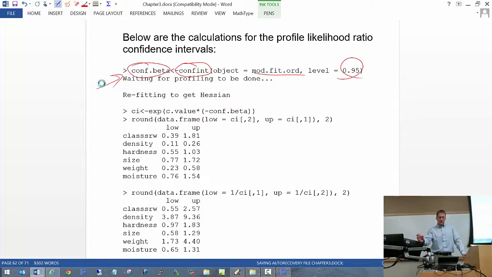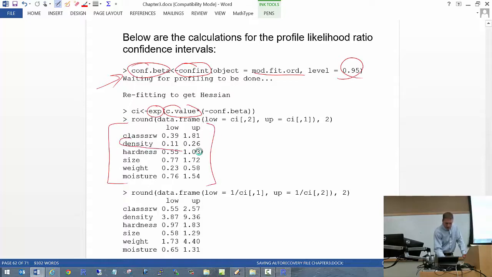So be careful. How do you get the confidence intervals for the betas? Just take minus what you get. If I want a confidence interval for the odds ratios themselves, again, I just use the exp function, and here are my confidence intervals.